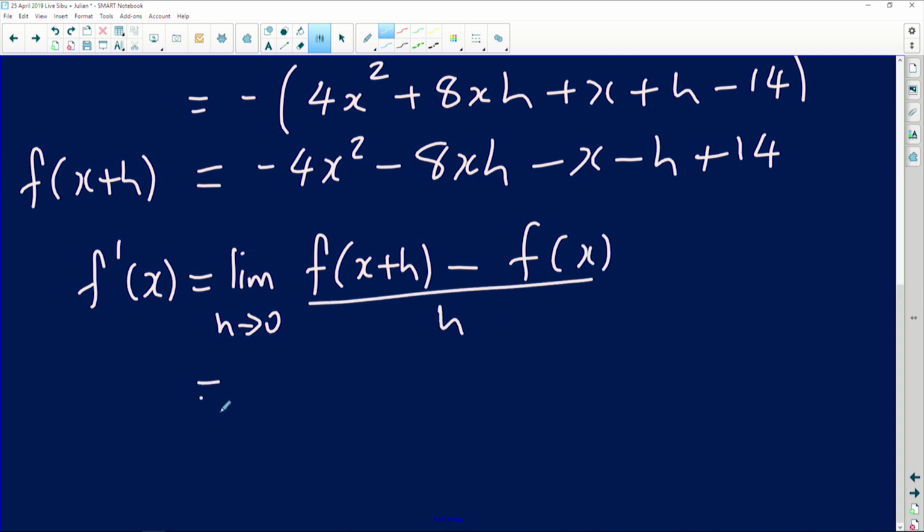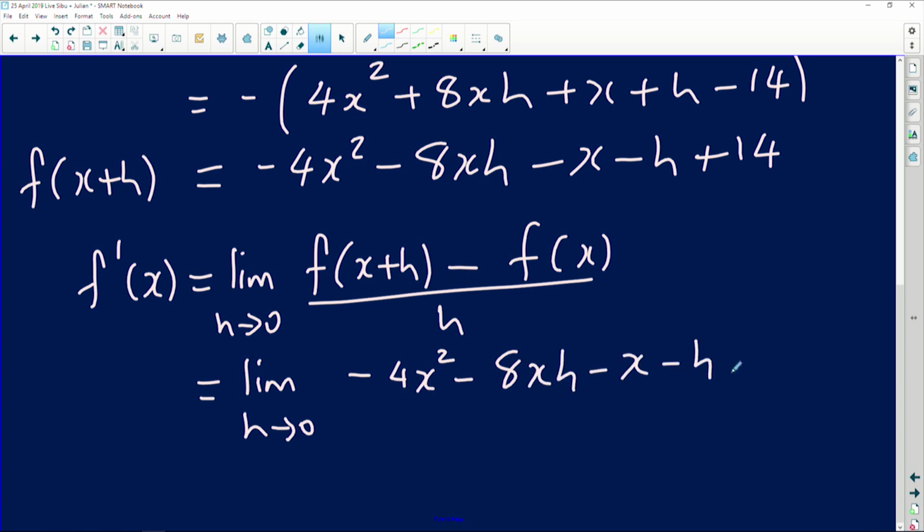If you sub this, you will get the limit as h approaches 0 of what? The f of x plus h, we already found it, so I'm going to rewrite this as minus 4x squared minus 8xh minus x minus h plus 14, which is quite cool.